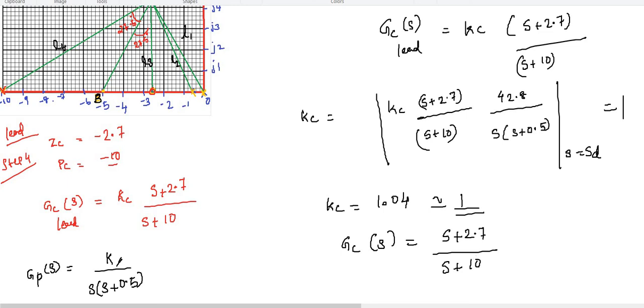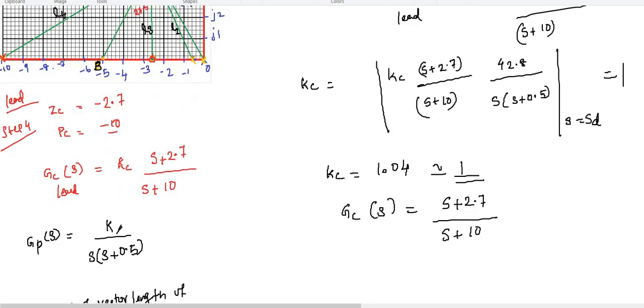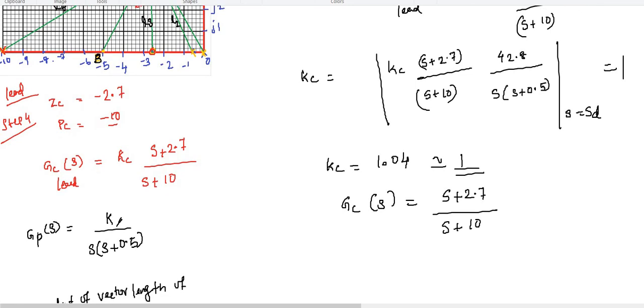Now we have some specifications, and the same specifications were damping ratio 0.5 and undamped frequency of oscillations 5 radian per second, and corresponding to that we have the dominant poles.